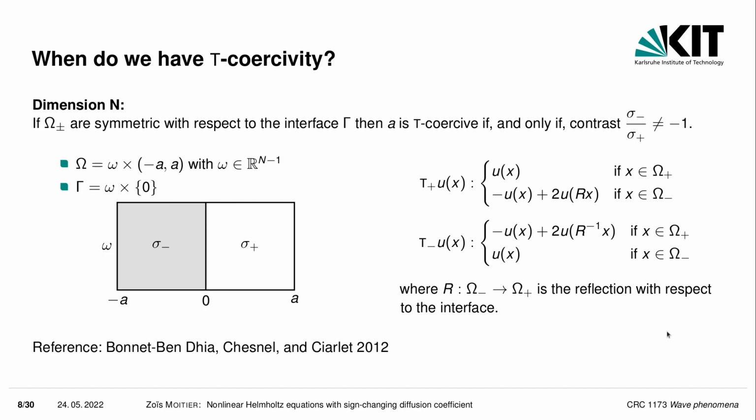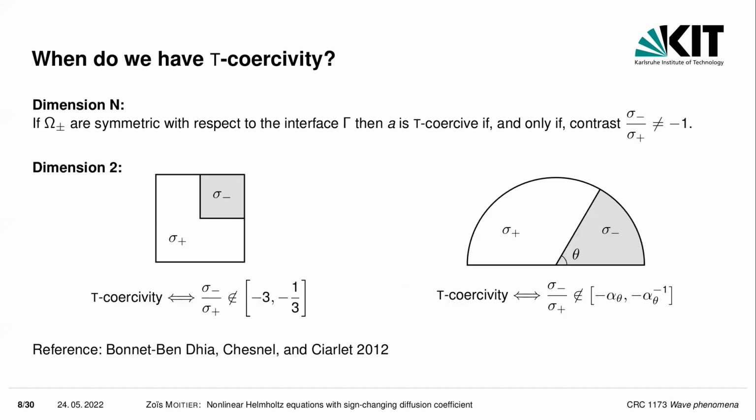Well, okay, we have a nice situation in which we know that we have this T-coercivity property, and we can have other types of shape also. For example, in dimension 2, it's pretty much well known when you have T-coercivity or not, and some other examples are here.